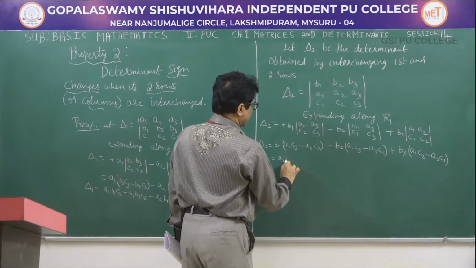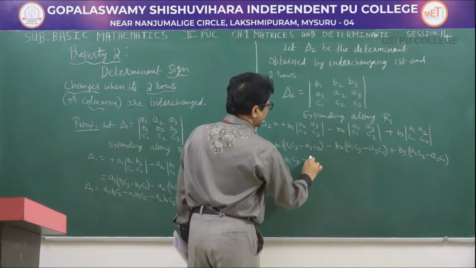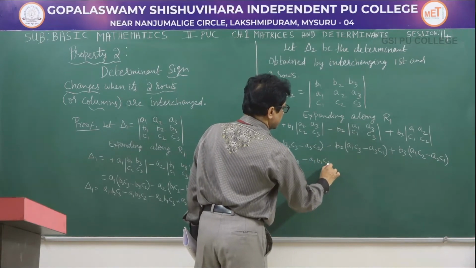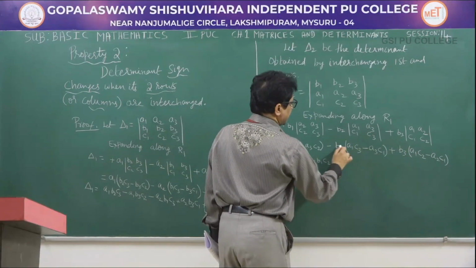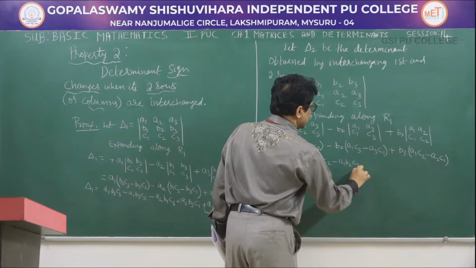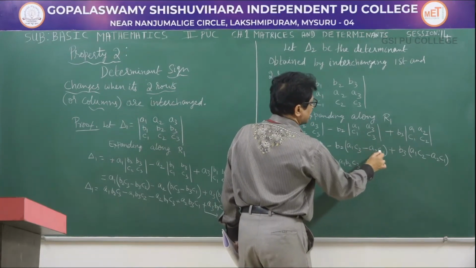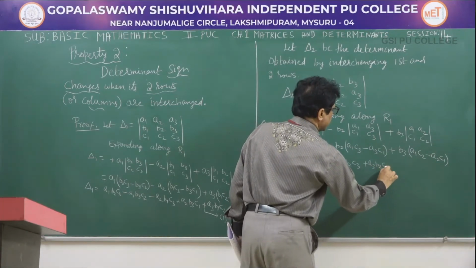A2 B1 C3 minus B1 into A3 C2, that is A3 B1 C2. Minus into plus minus, A1 C3 into B2, we get A1 B2 C3. Minus into minus plus B2 into A3 C1, we get A3 B2 C1.